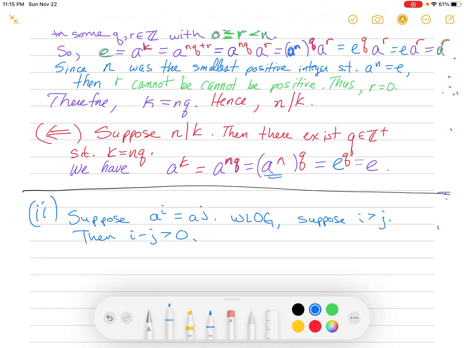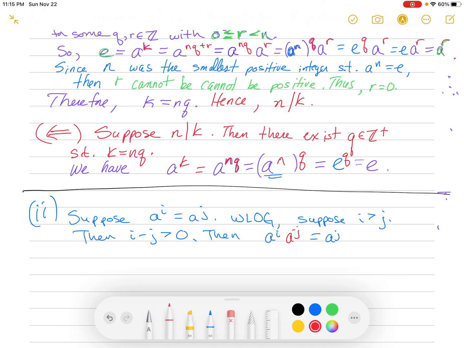Right? i is an integer, j is an integer, so i minus j is an integer, and it's positive because i is bigger than j. Then what we can do to both sides of this equation, we can multiply by a to the negative j. So I'm going to take a to the i, and on the right, multiply by a to the minus j. Now remember, a to the minus j is a to the j inverse, or a's inverse to the j power, however you want to write that.